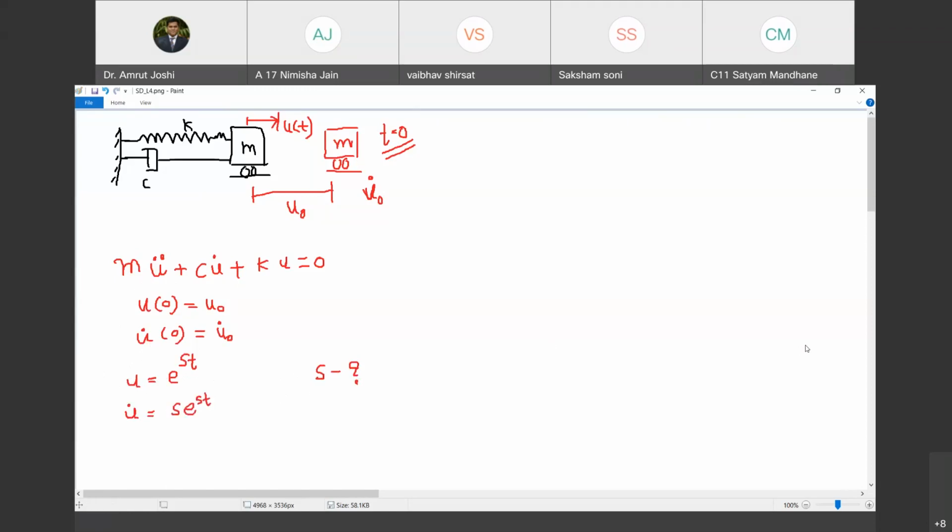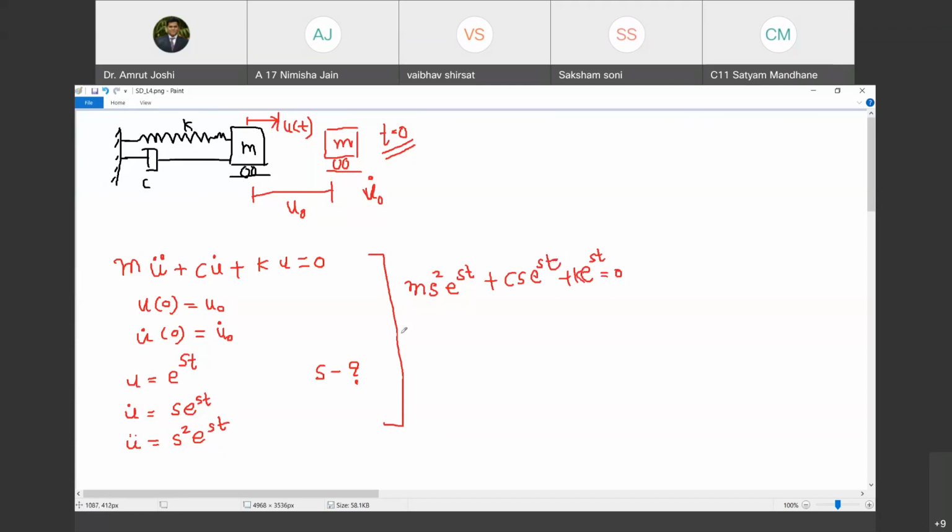This is just a recall. We have done this in the last class, so I am going a little faster. U double dot is s square e raised to st. Substitute this back here, and that gives you m s square e raised to st plus c s e raised to st, and instead of u, I am going to substitute e raised to st, so plus k times e raised to st has to be equal to 0.